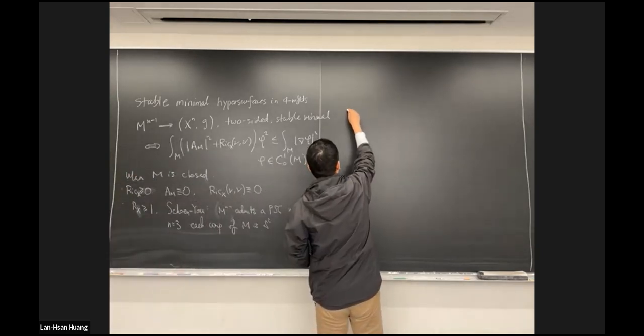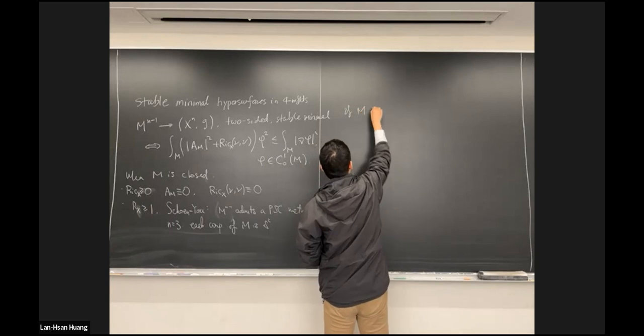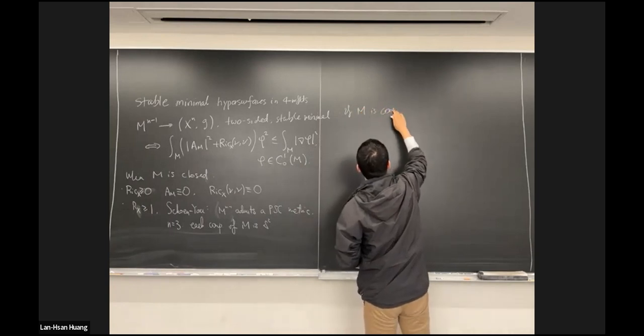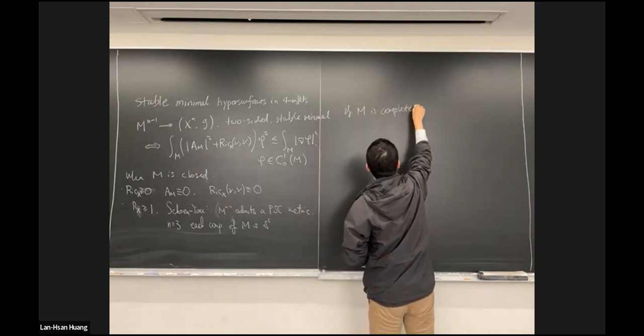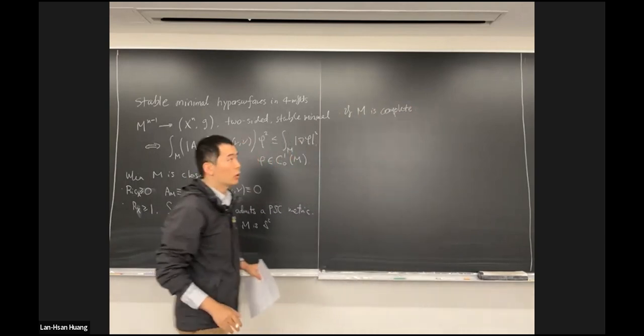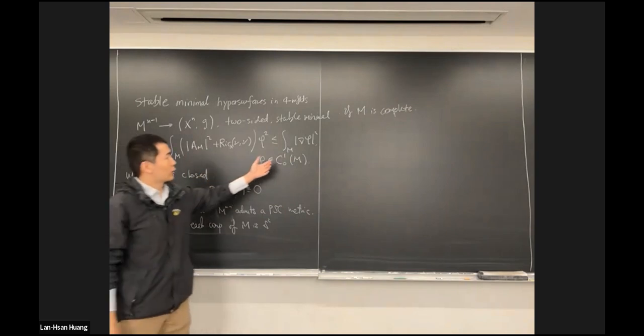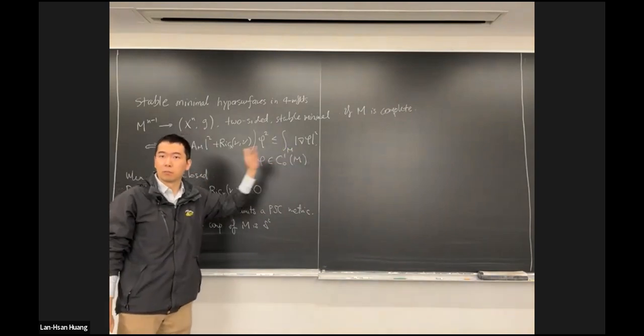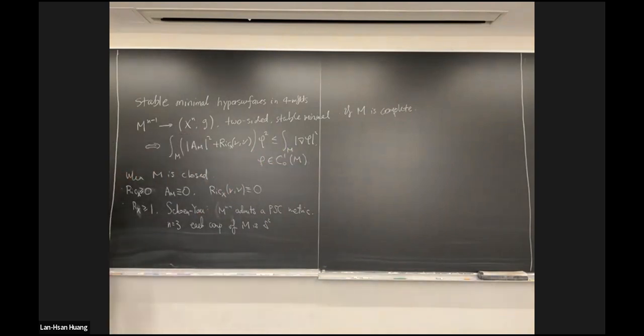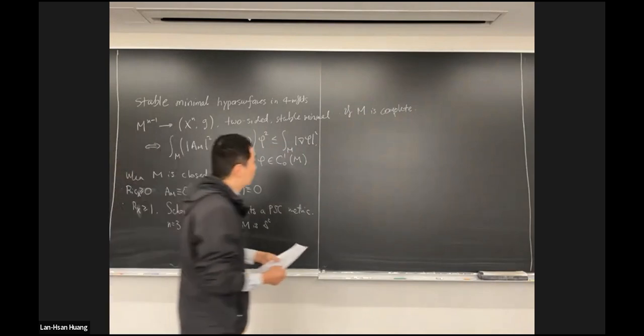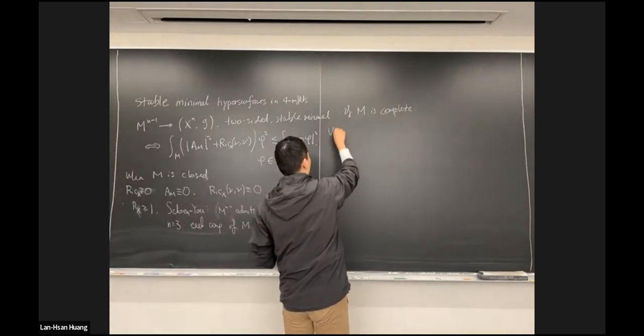Again, this is assuming M is closed. But when M is not assumed to be closed, but rather complete, the picture is more difficult and more interesting in a way, because immediately you see that you can't just plug in the constant function on a non-compact complete manifold. But still we have very interesting results, especially in dimension 3.